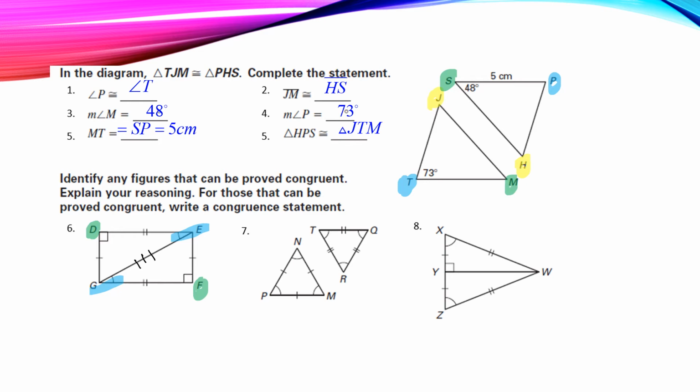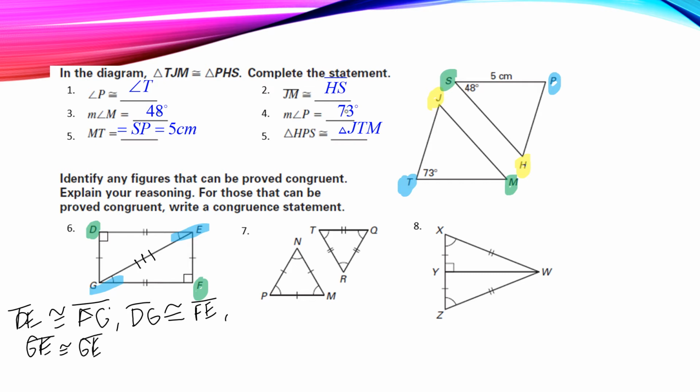Okay, so I'm going to go ahead and say that DE is congruent to FG. And then DG is congruent to FE. And then GE is congruent to GE because of the reflexive property.